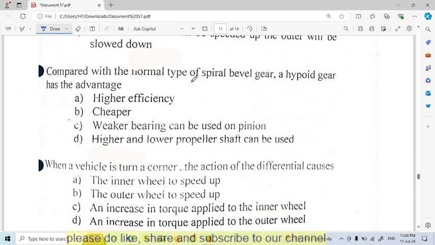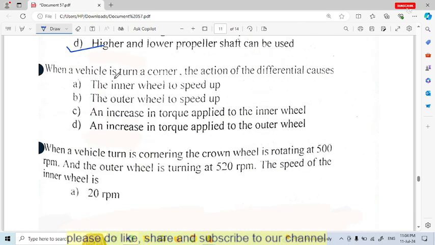Compared with a normal spiral bevel gear, a hypoid gear has the advantage that a lower propeller shaft can be used. When a vehicle turns a corner, the action of the differential causes the inner wheel to be slowed down.